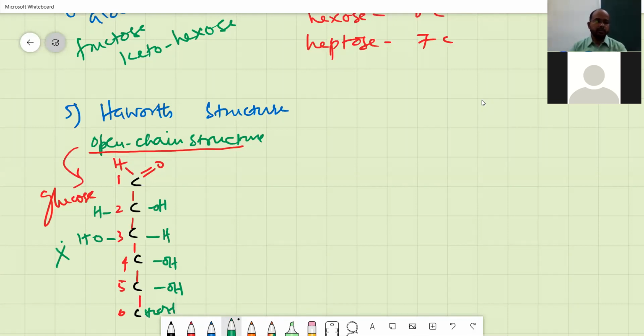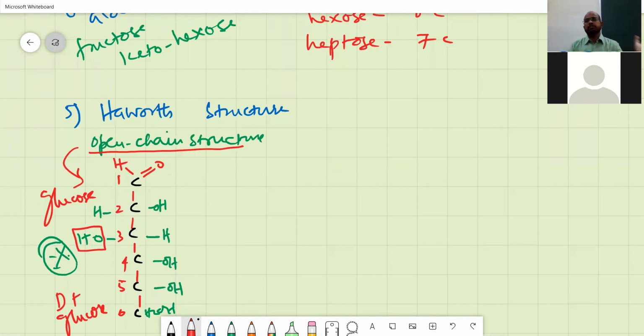They are very important. In the D-plus-glucose structure, the hydroxyl group on the third carbon atom is on the left side. If you write it as a long chain without any interaction, this is to be written in terms of the Haworth structure as this.